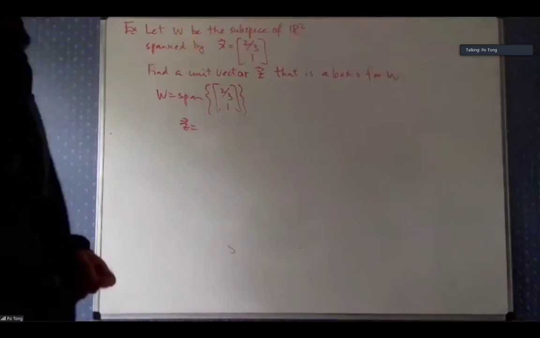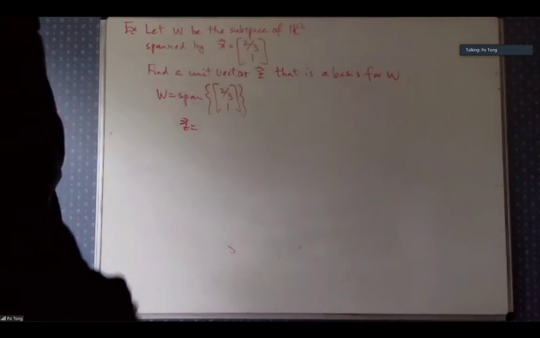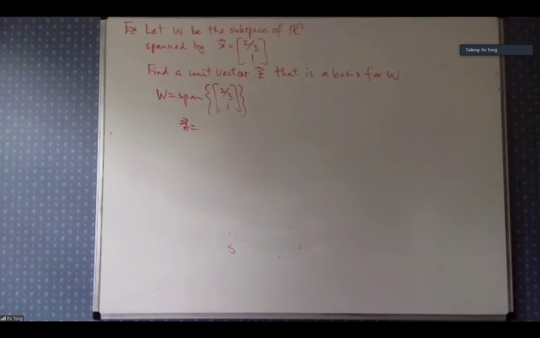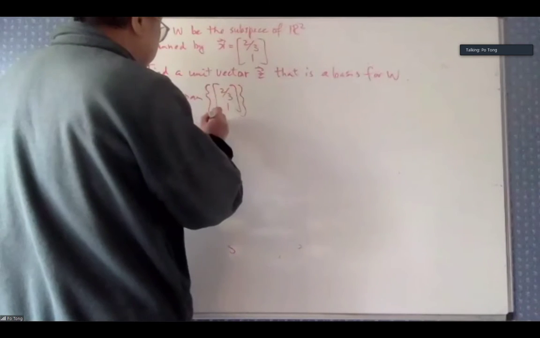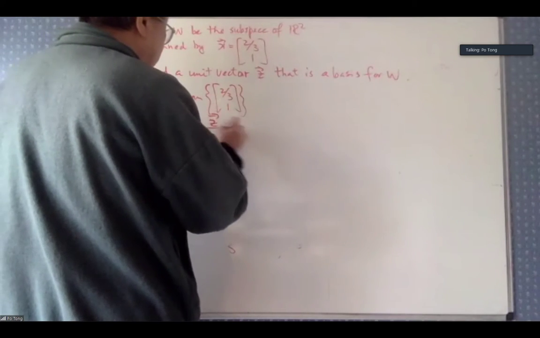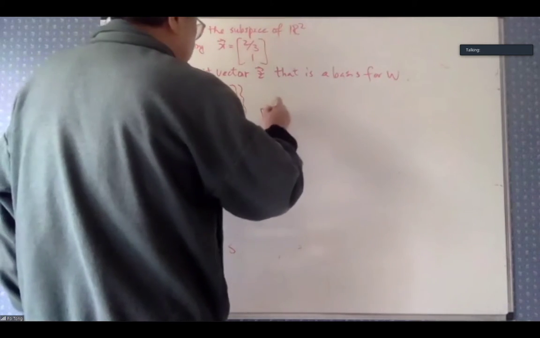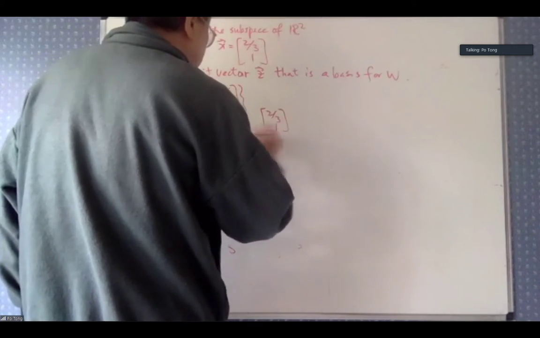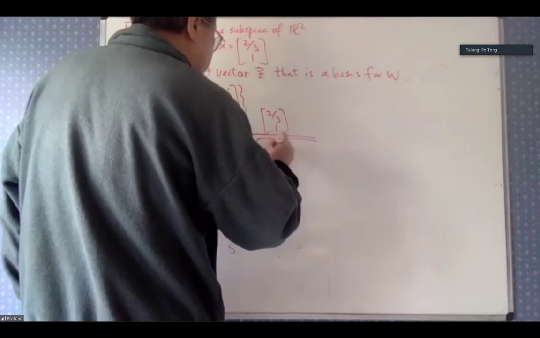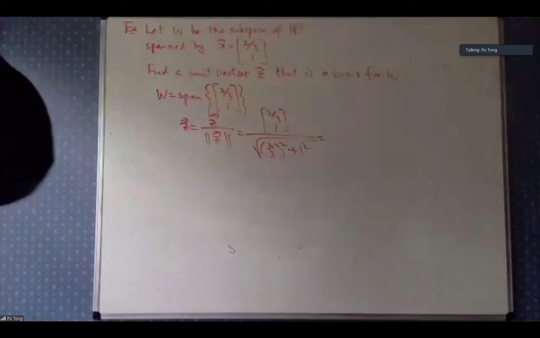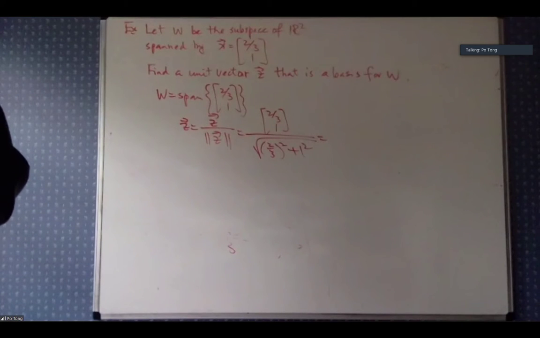So for this vector, all I need to do is to make a unit vector out of it. How do I make a unit vector out of this? You have to do z divided by the magnitude of z, (2/3, 1) divided by this. It's not too exciting, this example.